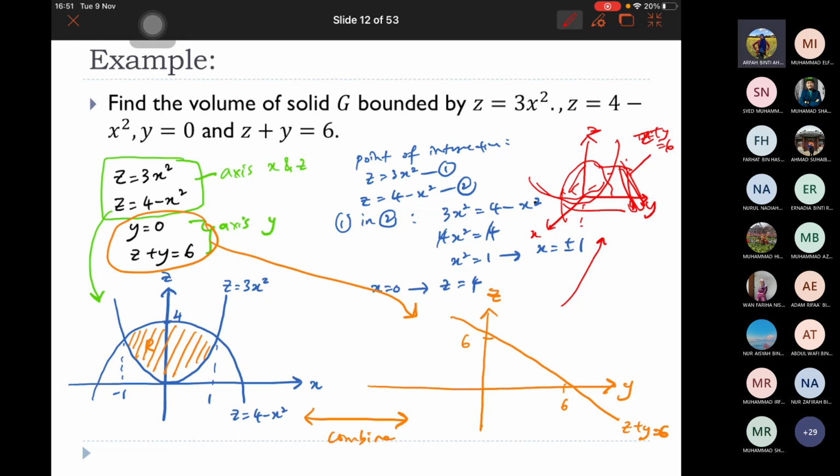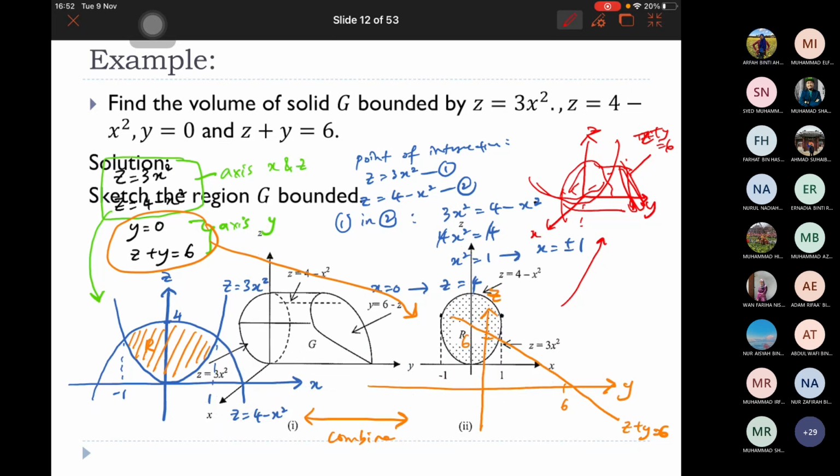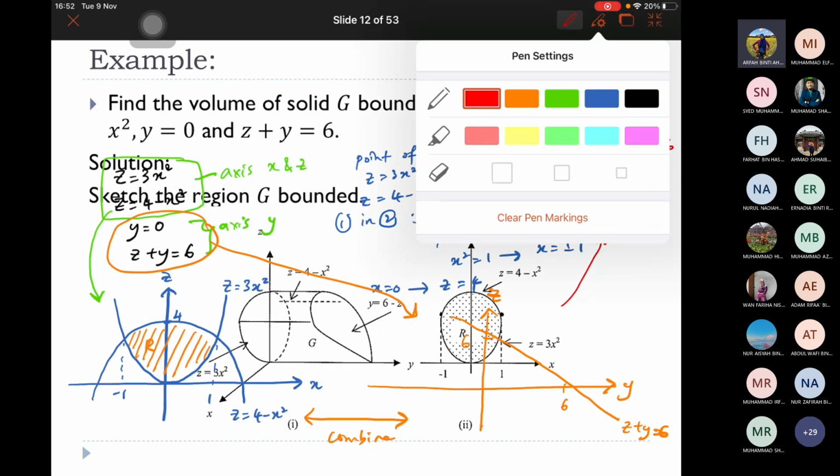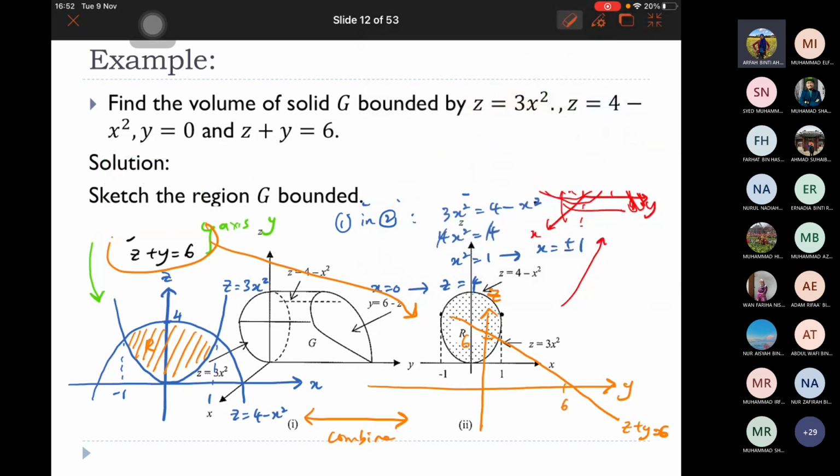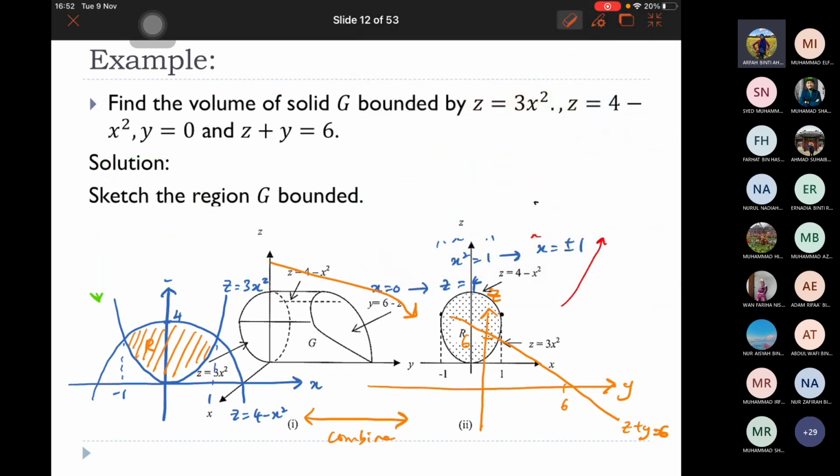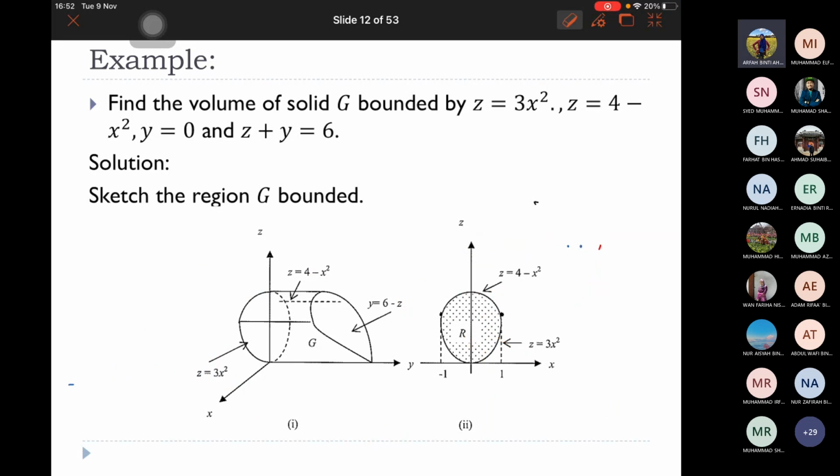Okay. So, kalau kita combinekan ke dalam satu graf, awak kena combinekan garisan Z tambah Y sama dengan 6 tu, dia menghubungkan Z equal to 3x² and Z equal to 4 tolak x². Okay. So, if you do the sketching of the bounded region, it will be in the form of like this. Okay.